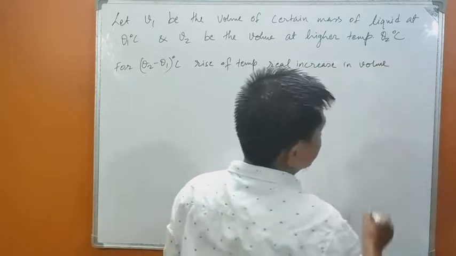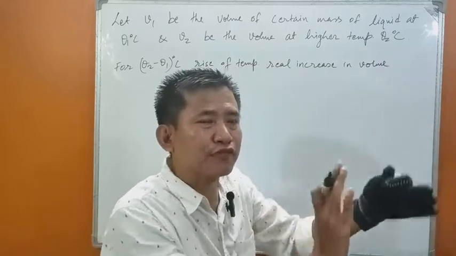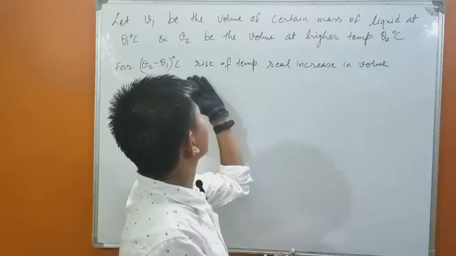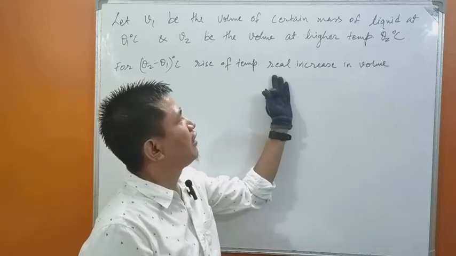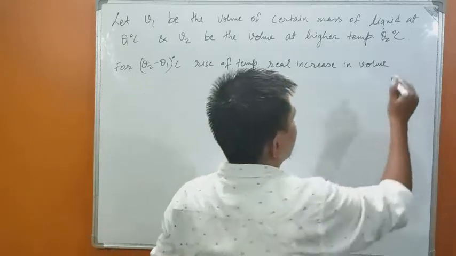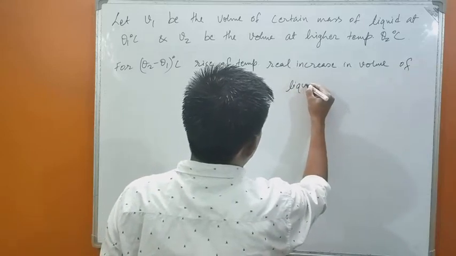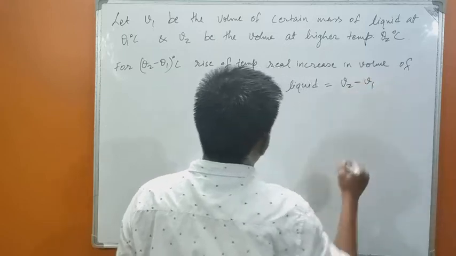In this case, we consider the increase in volume of liquid and increase in volume of the vessel as well. Okay, for θ2 minus θ1 degree Celsius rise of temperature, real increase in volume of liquid equal to V2 minus V1, isn't it?